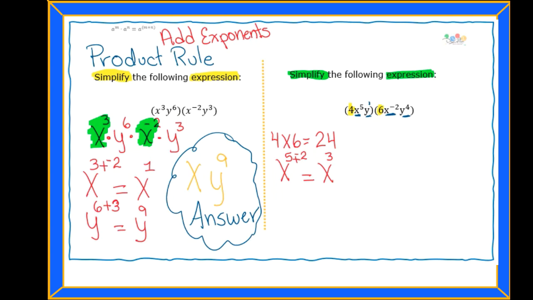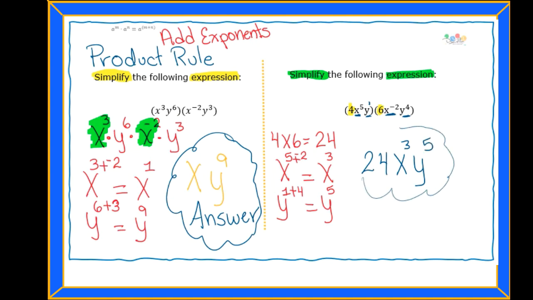What about the y? The y had no power, but I wrote a 1 because it's understood that it has a 1. What about the second y? It has a 4 as an exponent. So I need to add them up, and that gives me y to the 5th power. I'm going to rewrite my answer. So my answer will be 24 x to the 3rd power y to the 5th power. And yes, this is my answer.